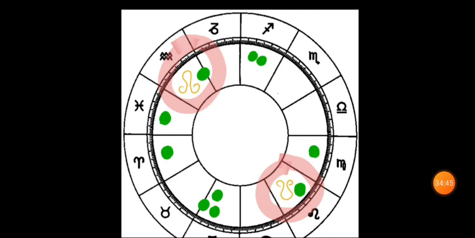Another thing to look for is the rulers of your nodes. Your south node ruler would be another helper, even if it's a square. It's the focal point of not just your shadow, but your south node activity.